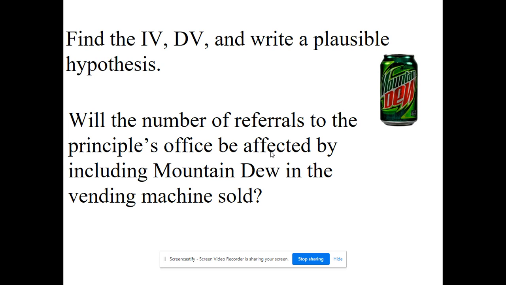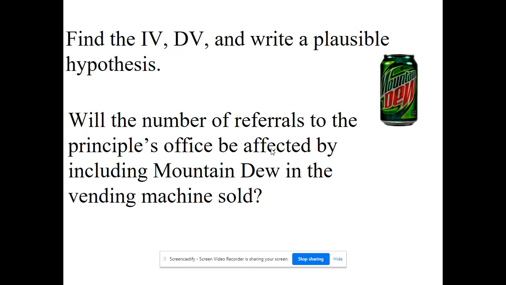So what do we think is going to affect what? Will the number of referrals be affected by the Mountain Dew, or will the Mountain Dew affect the number of referrals? What's going to be the cause of the change? Do we think the referrals are going to cause a change in the Mountain Dew, or do we think the Mountain Dew is going to cause a change in the referrals?